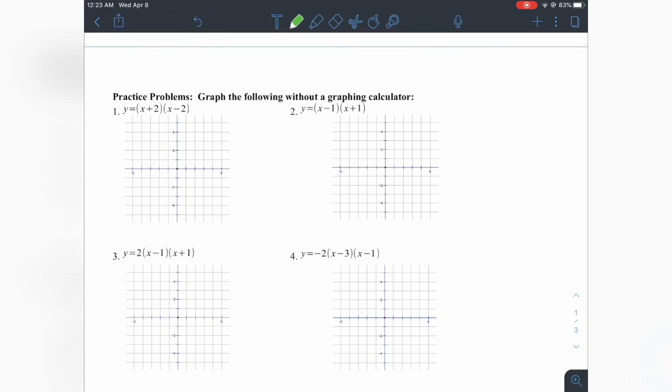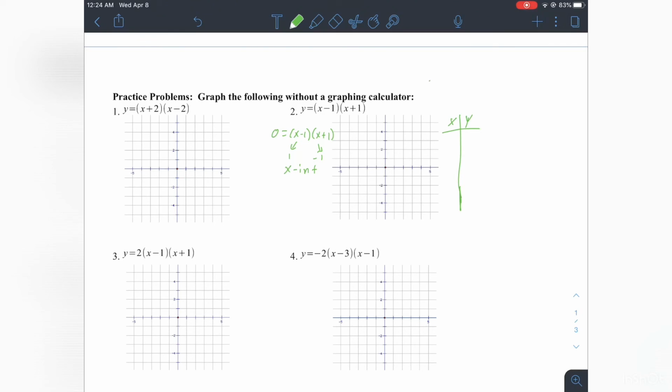So if there's the 2 parentheses kind, these are the kind where you can set y equals 0 and solve it. Those are the x-intercepts. So if you have the x-intercepts, now you know where the vertex is. So you still have to make a table and plug in points, but you don't have to guess and check to see where the vertex is.